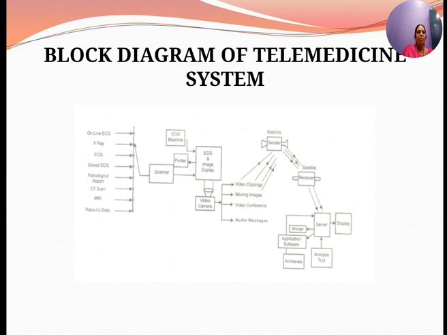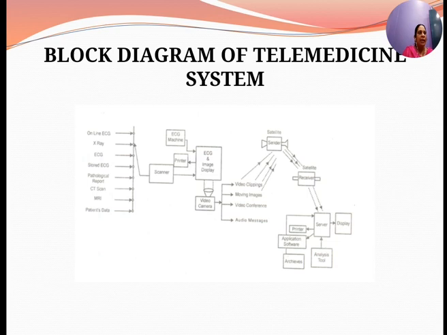So coming to the block diagram of telemedicine, this is the block diagram of telemedicine. We have the various reports, like you can see in the first part, the online ECG, the X-ray, ECG, stored ECG. Then we have the pathological reports, CT scans, MRI, and other data.